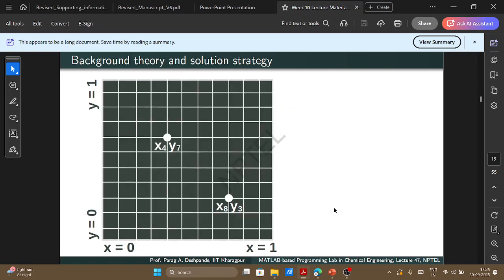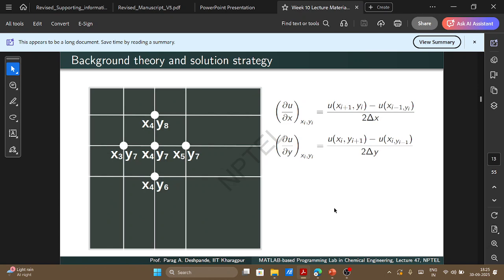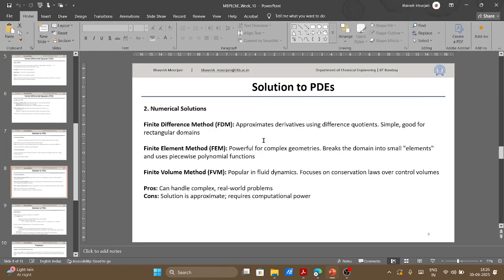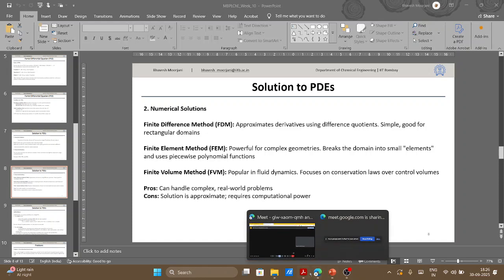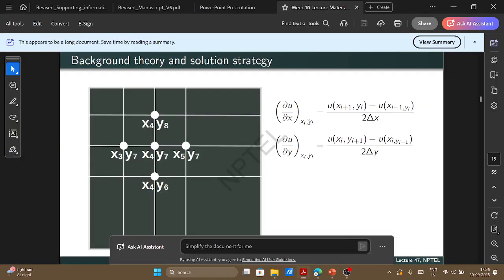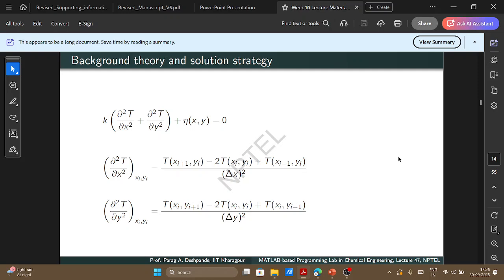Now here generally what happens, since your function is a partial differential equation, you have these derivatives. To compute the derivatives at various points, you rely on a numerical method, which is the forward difference method, central difference method, or backward difference method, whatever you want to use. That's why it's called the finite difference method, right? So you compute the derivative, be it the first order derivative or the second order derivative, and then you put this derivative in your main primary equation, right?